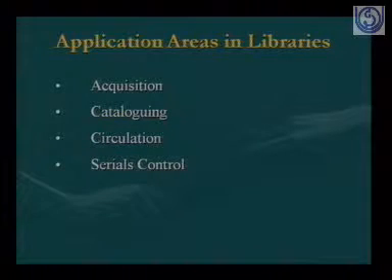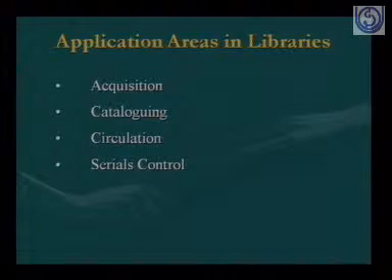Then this I have already covered. Application: if we want to adopt computerization in libraries, what are the areas where computers can be used? So these four are the areas: acquisition, cataloging, circulation, and serials control. The acquisition is related to collection of books.